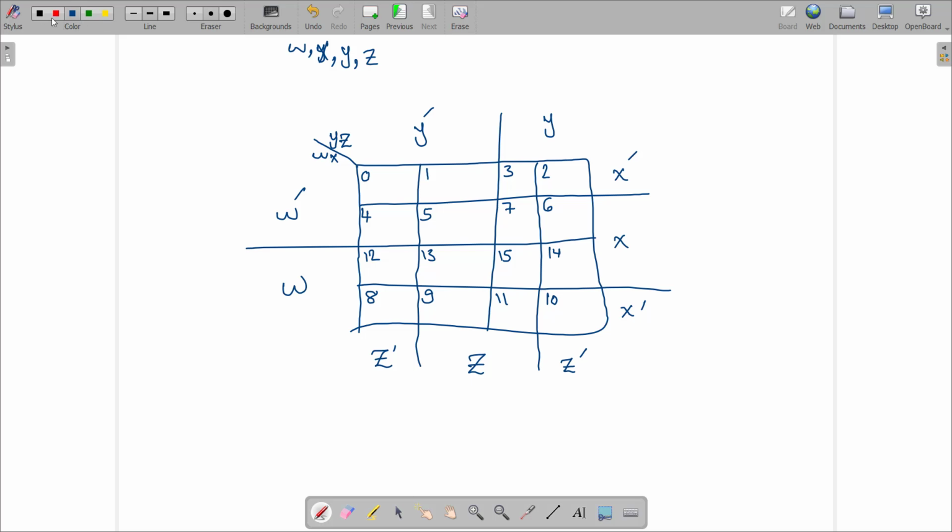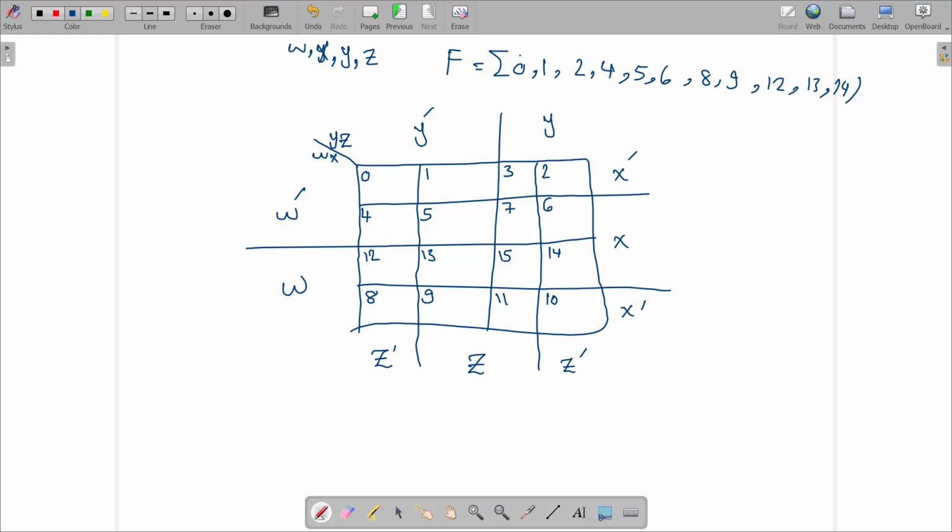Now what was the function? The function was the summation of 0, 1, 2, 4, 5, 6, 8, 9, 12, 13, and 14.